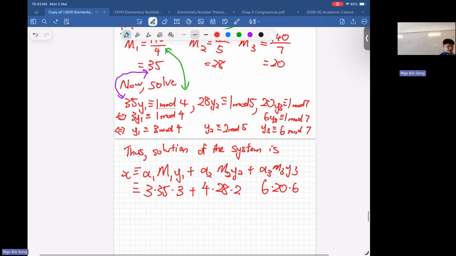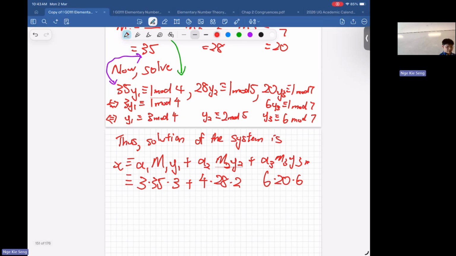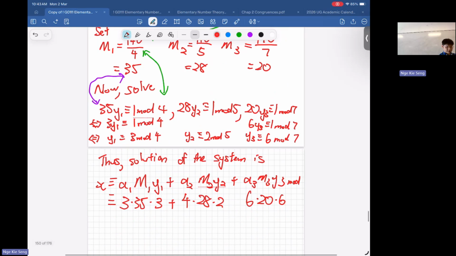These are modulo 140, right? So these are up to modulo. So what's this big number here?